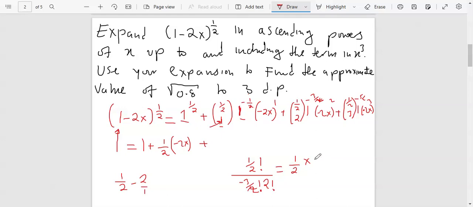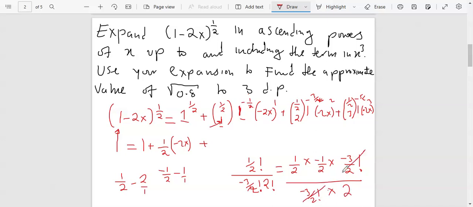Is a negative half. Okay, and then times negative half minus 1. Negative half minus 1, that will be negative 3 over 2, isn't it? So at negative 3 over 2, I'll end and put a factorial since I've got negative 3 over 2 in the denominator. And then times 2 factorial, which is just a 2.